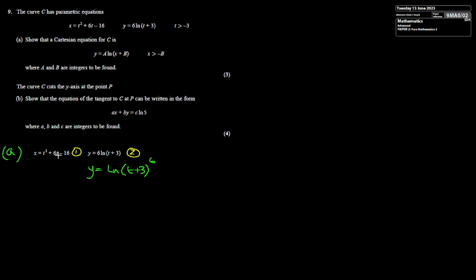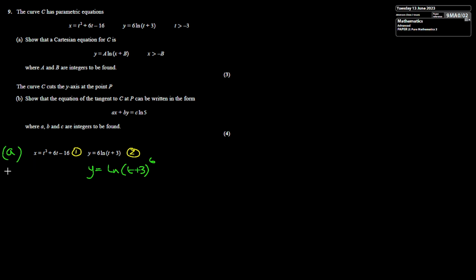Now, we could factorize this, but that will give us two expressions for t, which would be a nuisance to try to substitute back into equation 2. The trick here is to realize that we've got to complete the square. In completing the square, we will halve this coefficient of 6 to 3, and that becomes the bracket that we square.